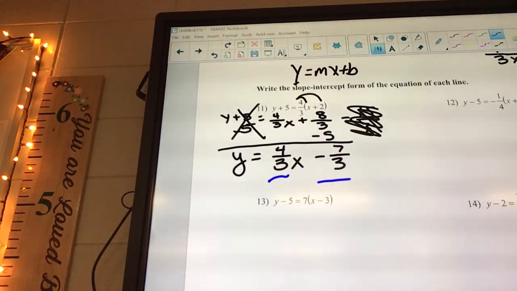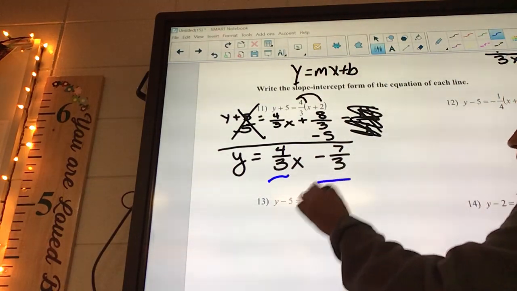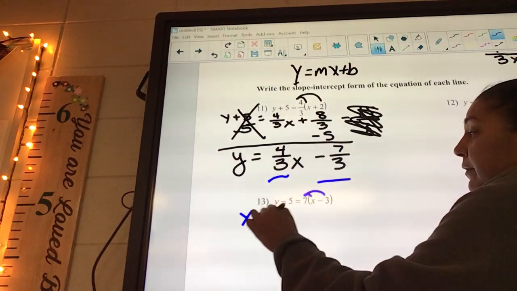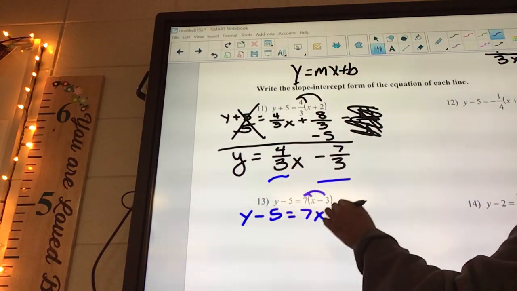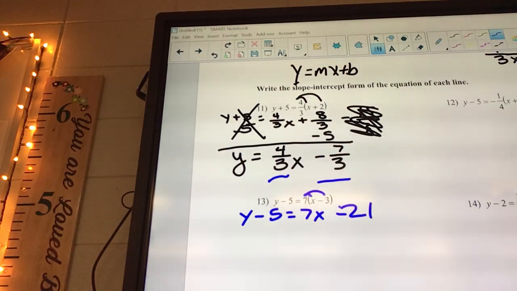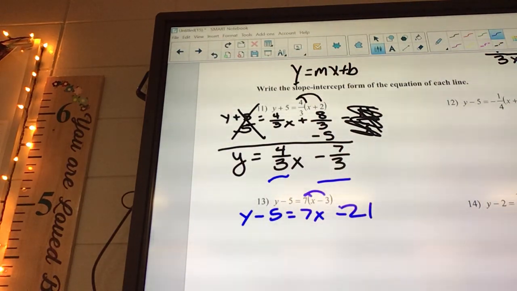Okay, number 7, we're going to distribute again. So I'm going to get y minus 5 equals 7x. Well, 7 times negative 3 is going to be a negative 21. Okay, and then what needs done?